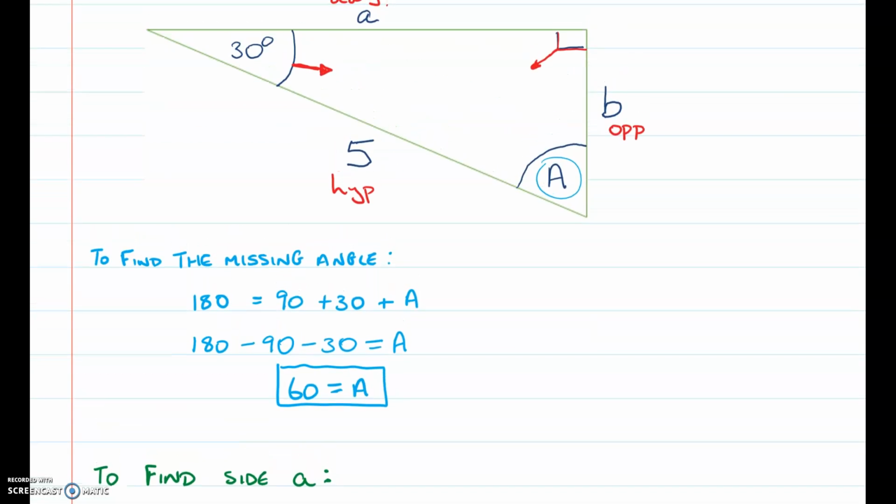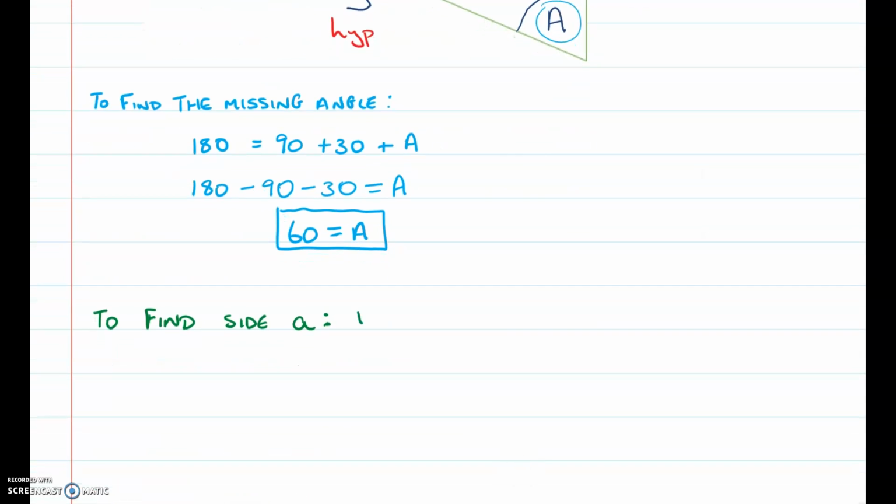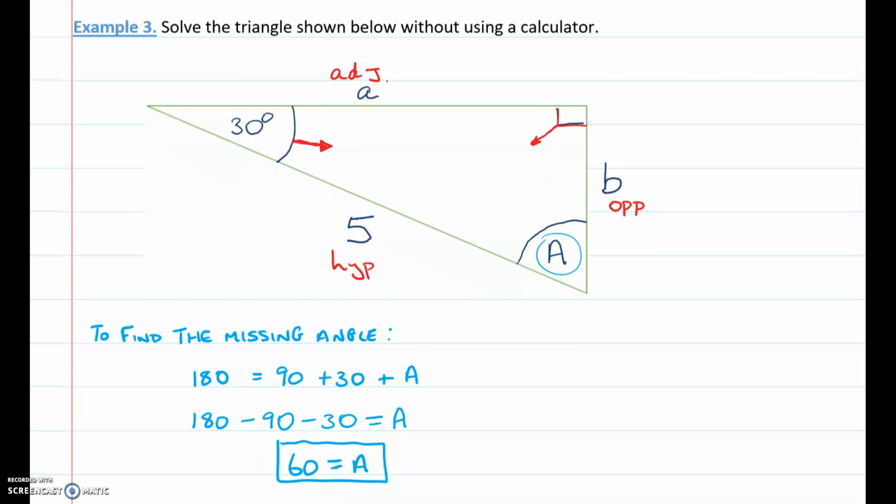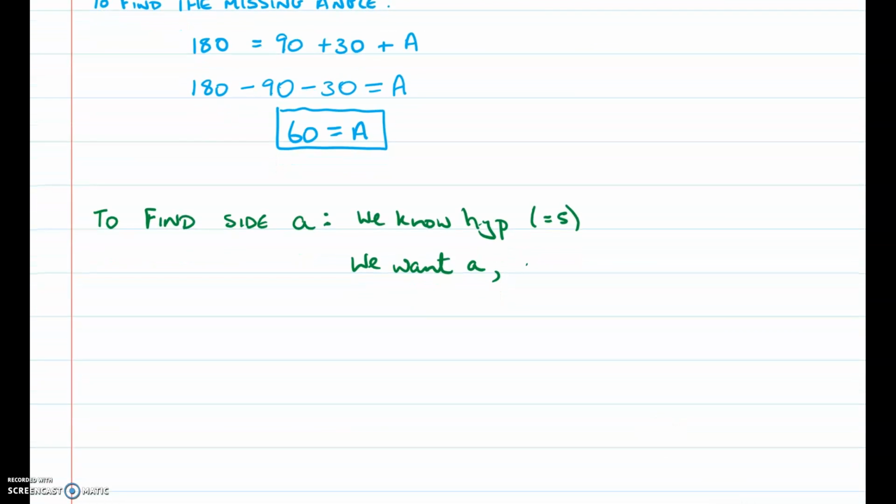Well, we know the hypotenuse is equal to 5, and we want A, and A, if we look at this, is the adjacent. We want A, the adjacent.